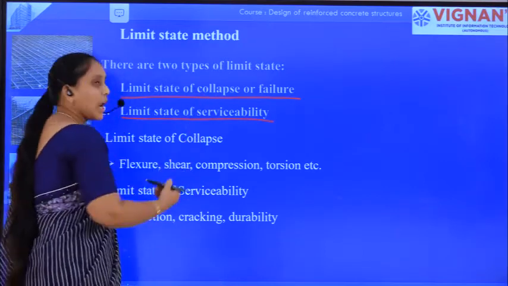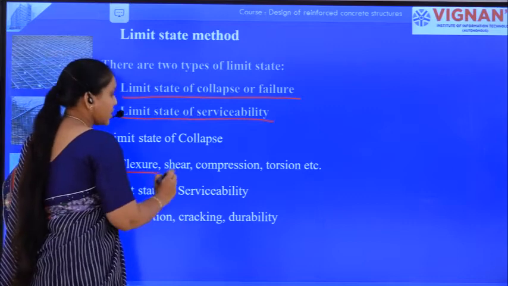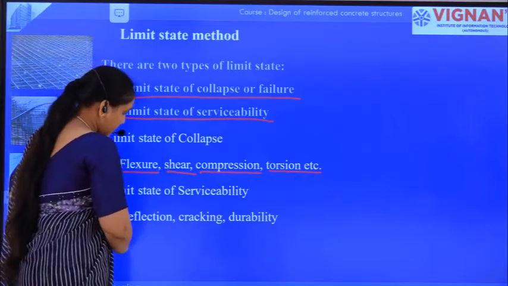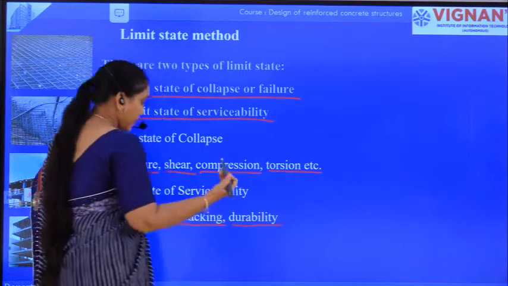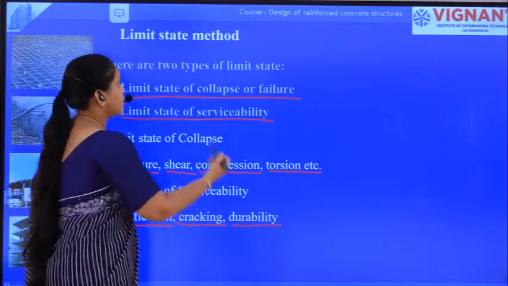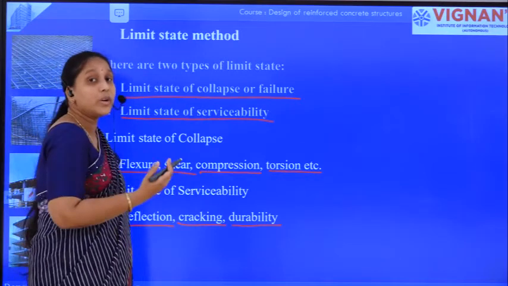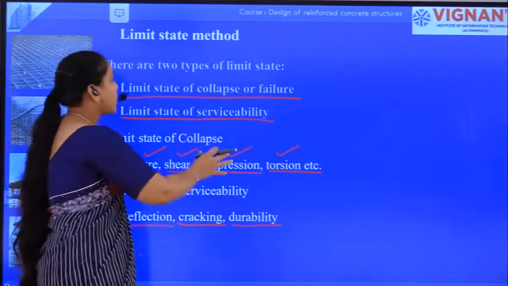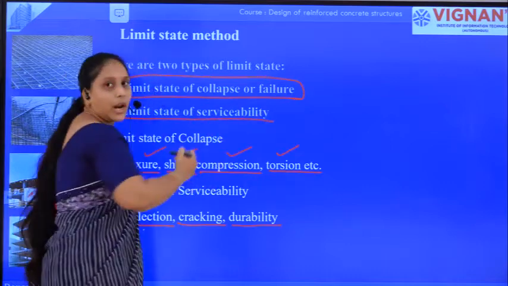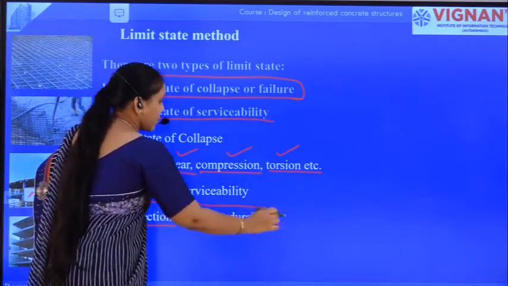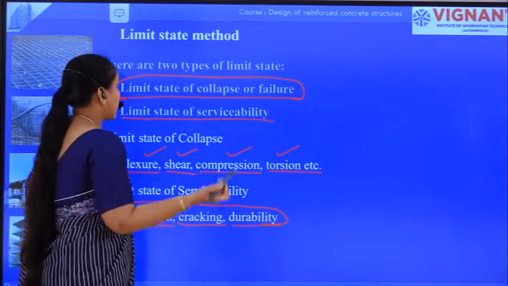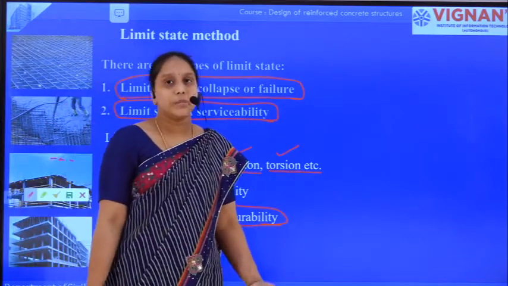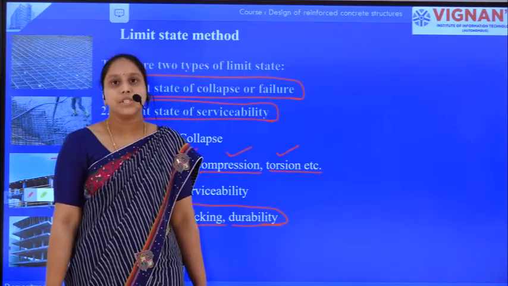In the limit state of collapse, we take into consideration flexure, shear, compression, torsion and so on. In the limit state of serviceability, we take into consideration deflection, cracking and durability. So we design for flexure, shear, compression and torsion in the limit state of collapse, and for deflection, cracking and durability in the limit state of serviceability. These are the two limit states.